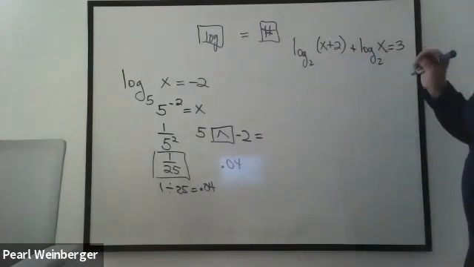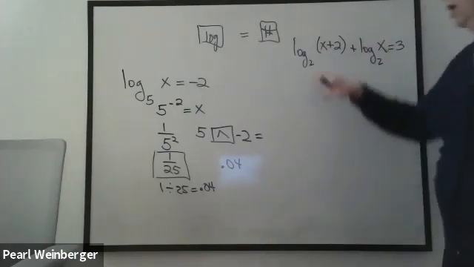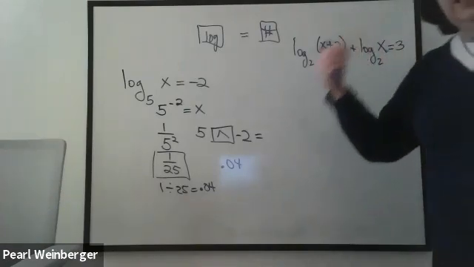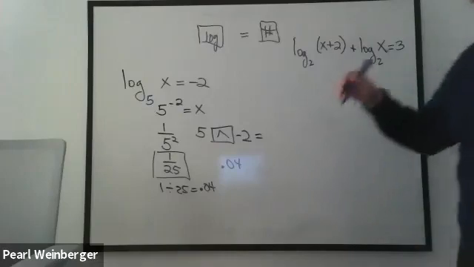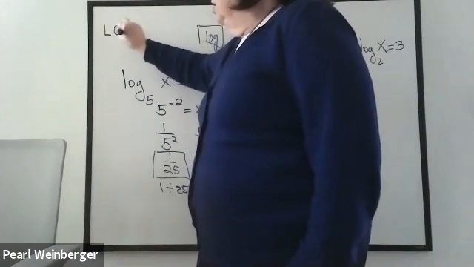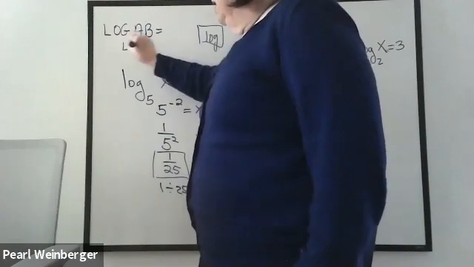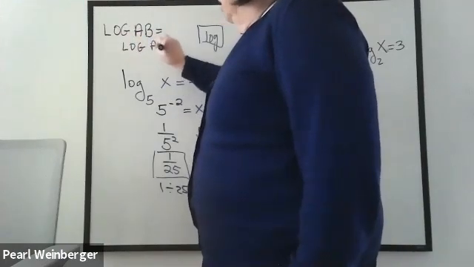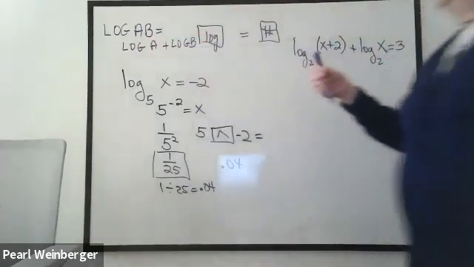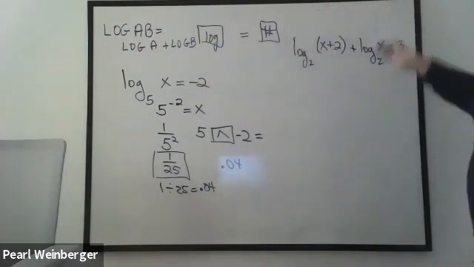Well, I can remember from my rules or properties of logs that when I'm adding two logs, I got that when I was actually multiplying numbers. Remember on Tuesday, we wrote this rule: the log of AB is equal to the log of A plus the log of B. Because logs are exponents, when you multiply the numbers, you're adding their exponents.